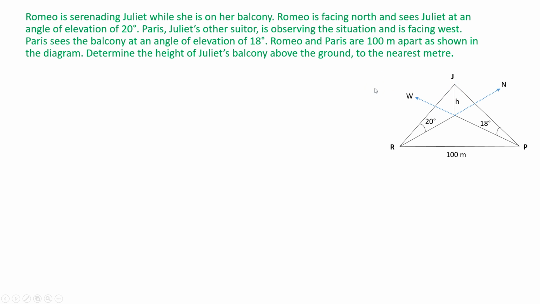So, when looking at what we have here, it seems like we don't have enough given to us because we only have this angle, so an angle of 20 for this triangle, and we have an angle of 18 for this triangle.